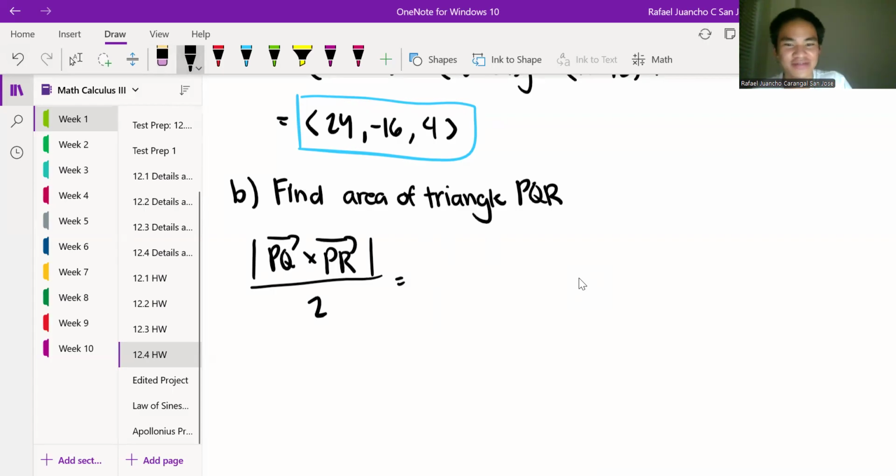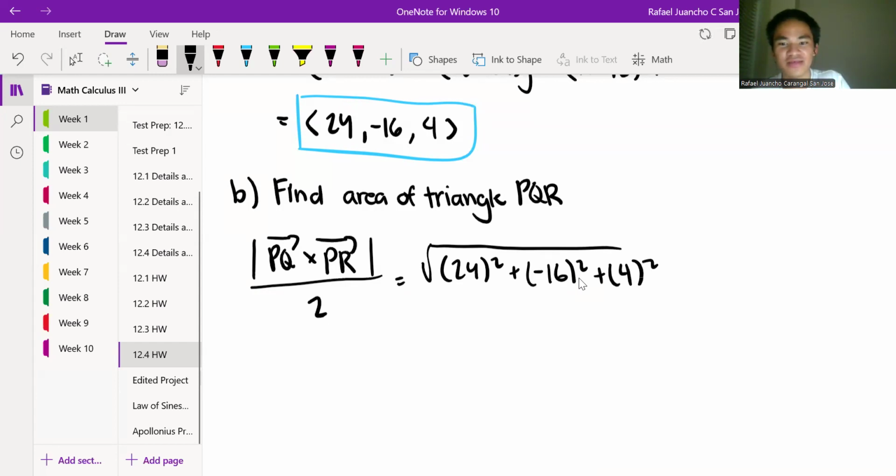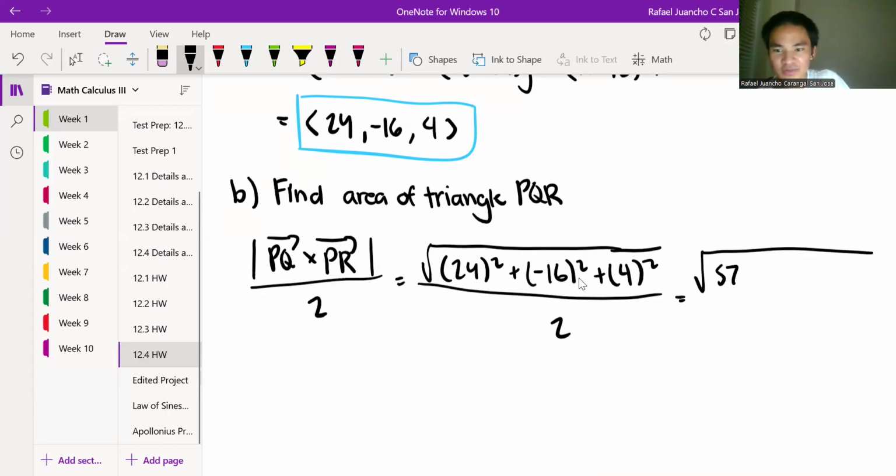Okay, so we have our vector here, and we get its length. So you have 24 squared, which is 576. 16 squared is 256. I probably should have scaled it. Anyway, now I have to go through the pain of doing this. So square that thing, divide that by 2.